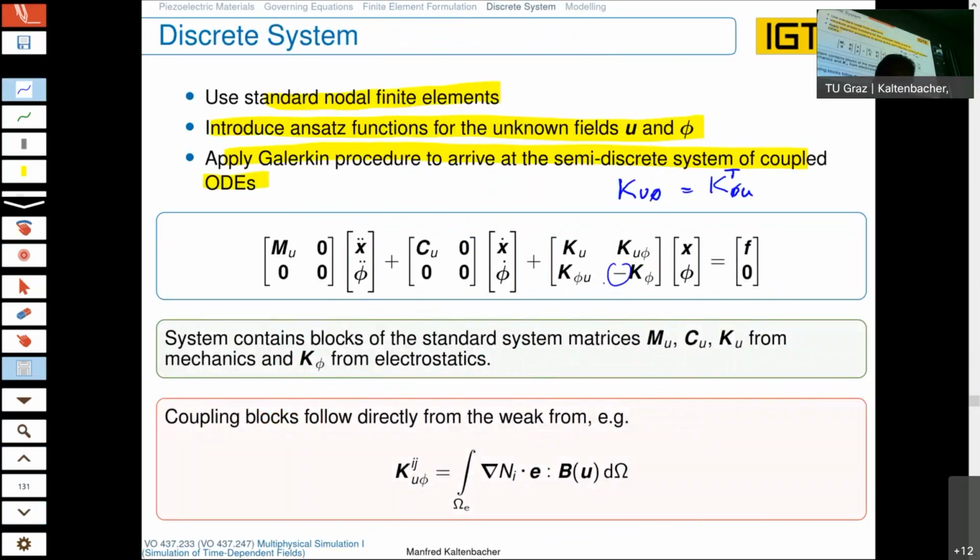Okay, but it's good that we retain symmetry, and we don't have to store the whole matrices, we just have to store the upper part and the diagonal part of each matrix, and so can reduce the memory needed to store the matrices. Here it is just explicitly written down, this coupling matrix, and again what you see here is this constriction, as we call it, in order to get the correct evaluation.